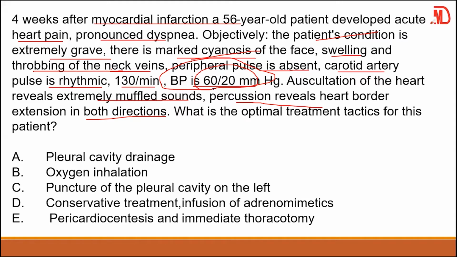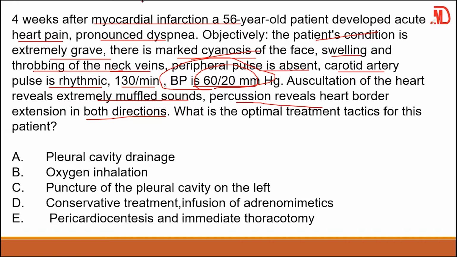So what you want to do now is to immediately do pericardiocentesis to check for any fluid accumulation that might be present, for which we're having a reduced ventricular filling and for which we are having the right heart failure.